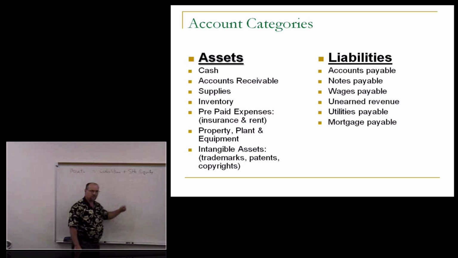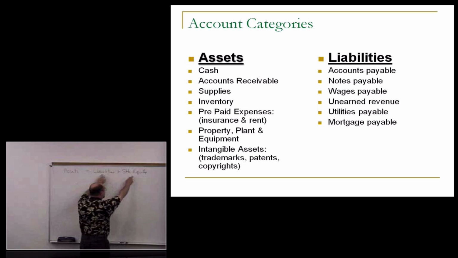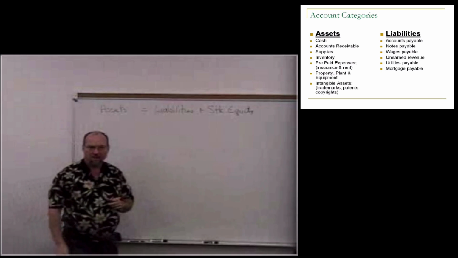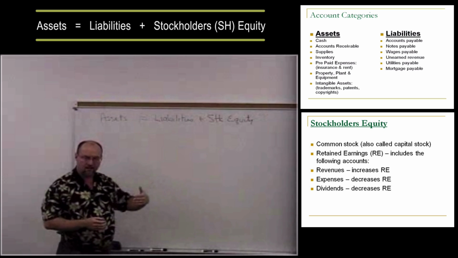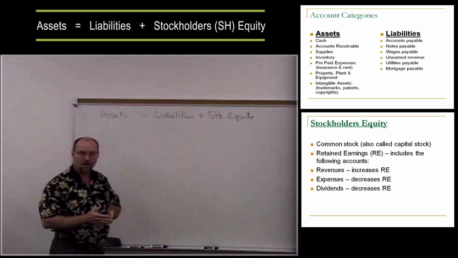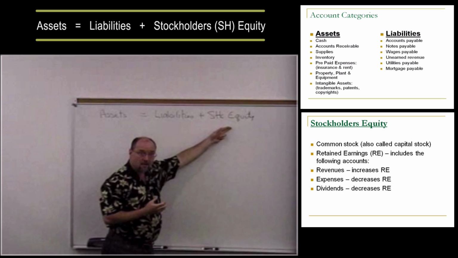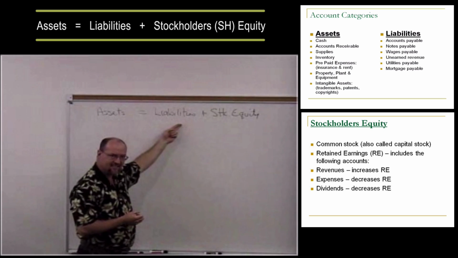Liabilities and stockholders' equity are added together on the right side. These two added together equal assets. And what that says is that for every asset, which is a resource our company uses to run our business, we either put our own money into it, we own it, or we borrowed money to obtain that asset.